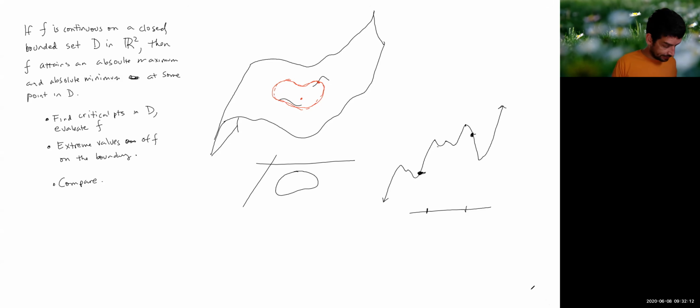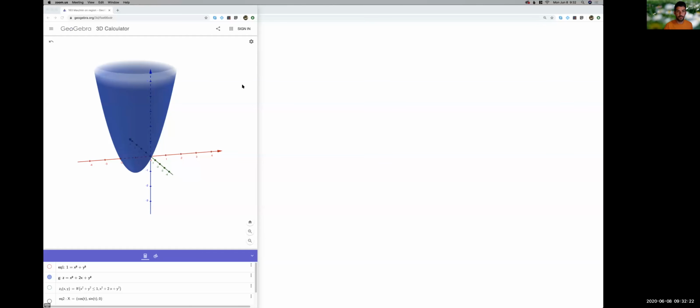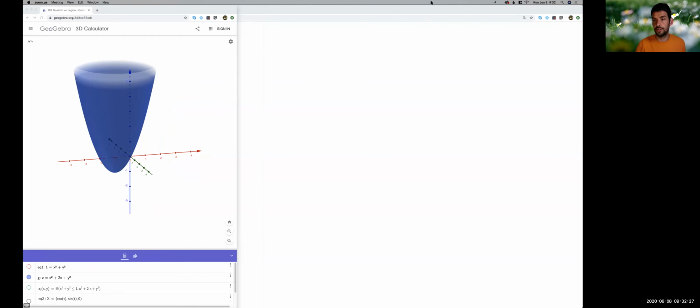So let's take a look at the following. Now we're going to go to a nicer graph. So here's a function.